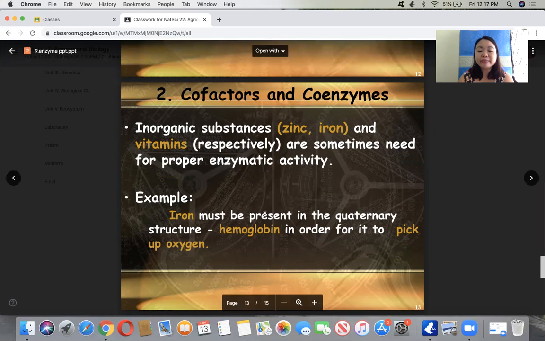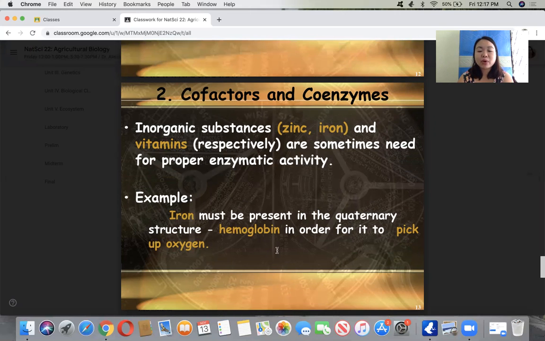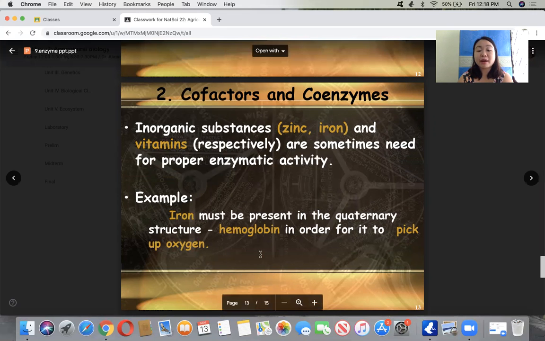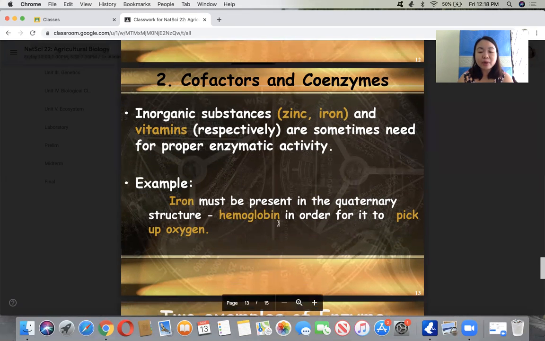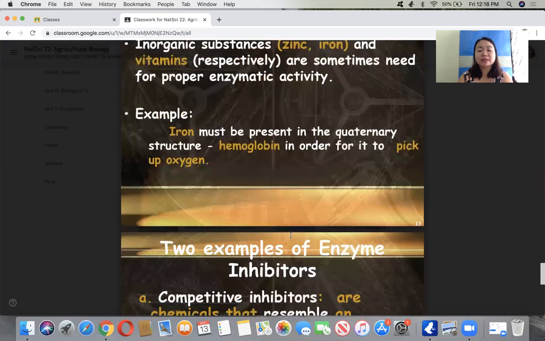For example, iron must be present in the quaternary structure of hemoglobin in order for it to pick up oxygen. That's why persons become anemic if we lack iron, and a symptom is that we usually faint because we lack oxygen. We lack the hemoglobin which picks up the oxygen.